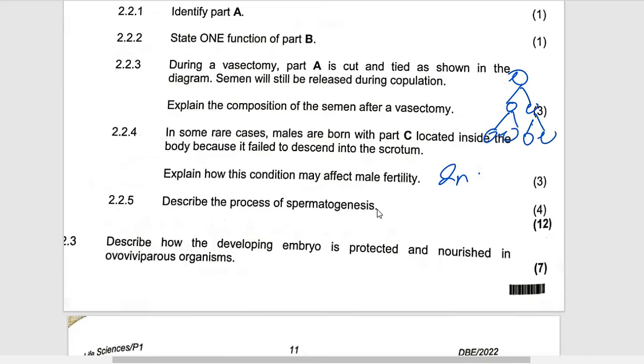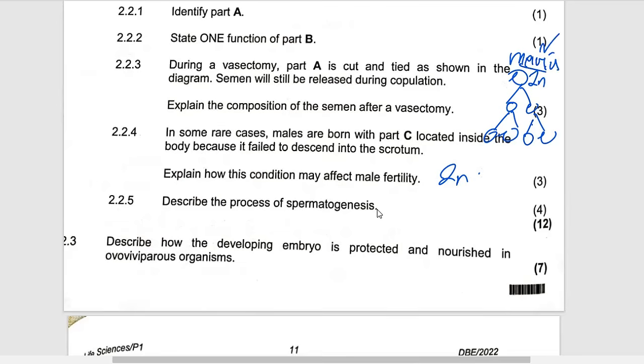Under the influence of testosterone, we give you a tick for mentioning the word testosterone. The diploid cell, which is 2N, will undergo meiosis, and you get a tick for saying the word meiosis.